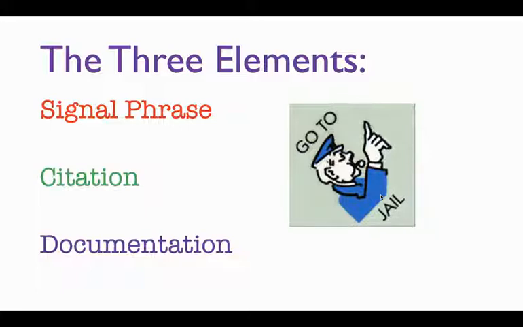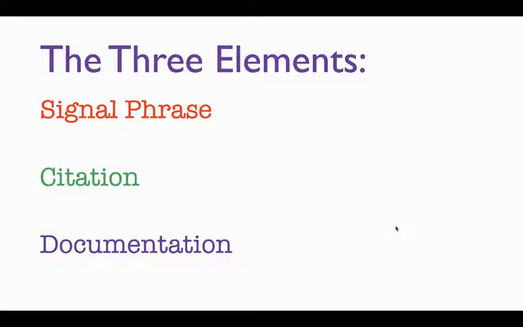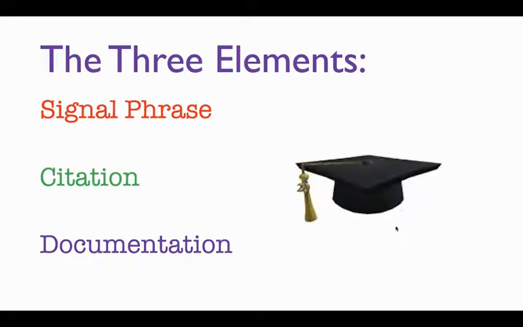You will have provided good boundaries between you and your source by starting with a signal phrase, including the cited material, and ending with documentation. In all those ways, you become a really good scholar, and you will get better results from the papers you write.